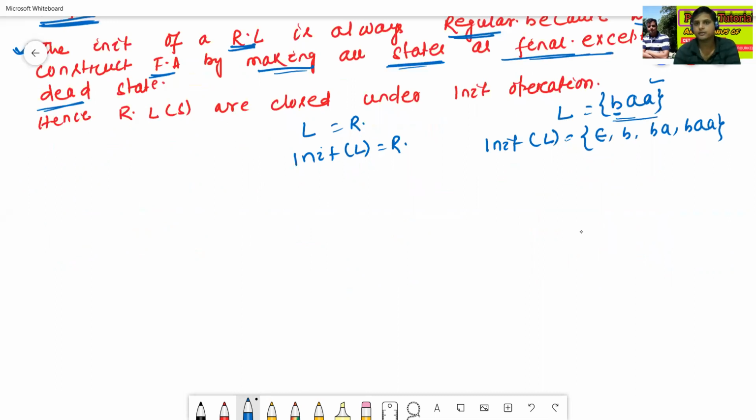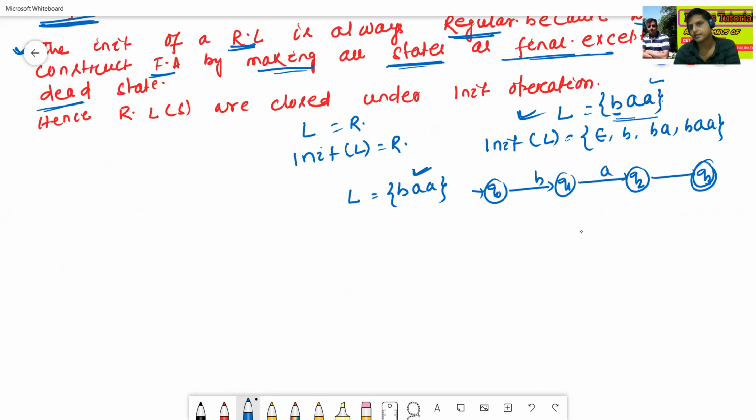Suppose the language L is given as BAA. Now we'll construct the finite automata for L. This is Q0, this is Q1, this is Q2, this is Q3. This transition is B, this one is A, this one is A, and this is QD.